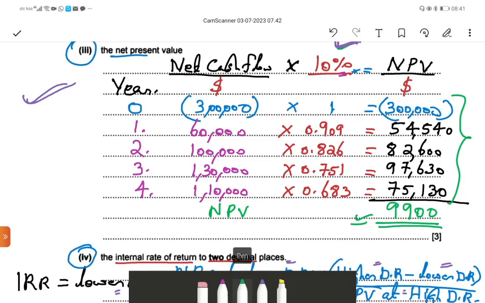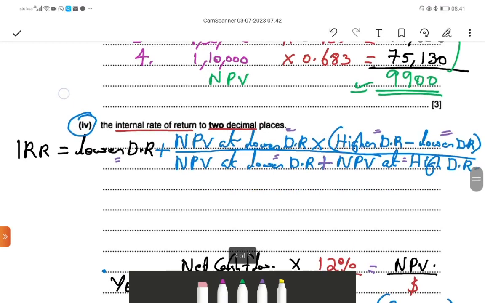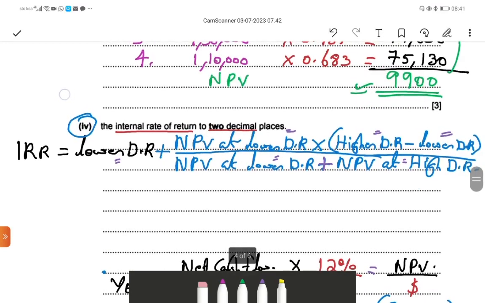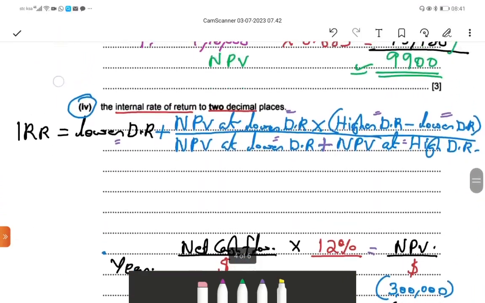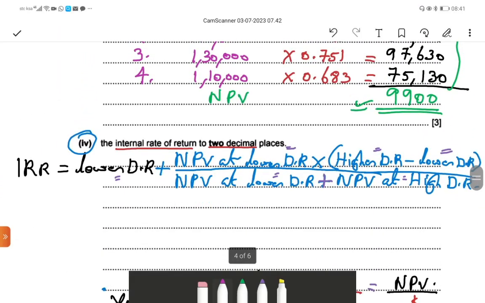Right. So we can apply to the equation. Discounting rates: we have 10% and we have 12%. The lower one is 10%.